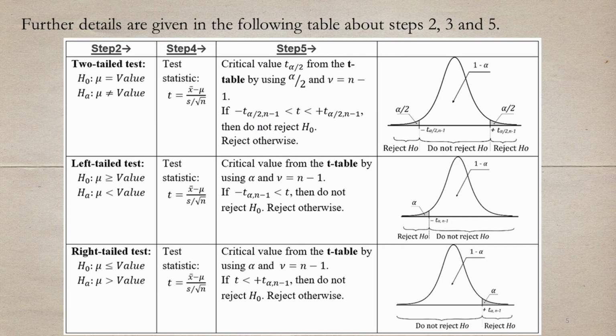This slide shows more details about Steps 2, 3, and 5 in the cheat sheet, and how to define the null and alternative hypotheses in the case of a two-tailed, left-tailed, or right-tailed test. Pause the video and have a look at where the rejection region is located in the t-distribution.